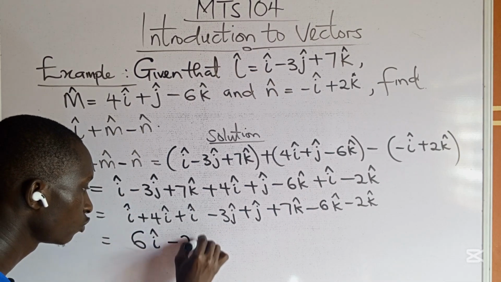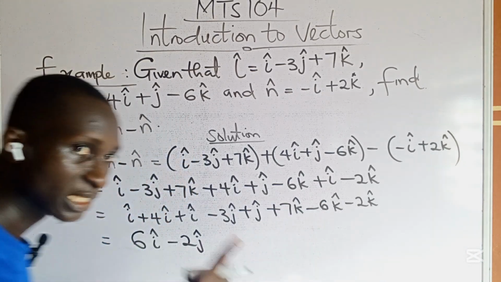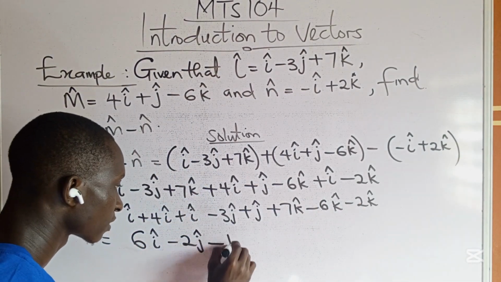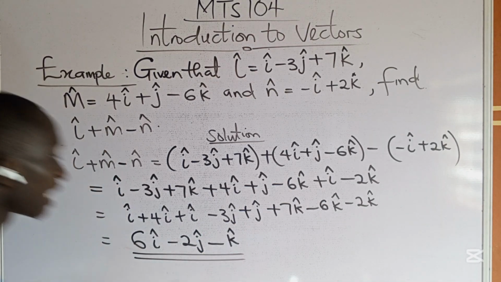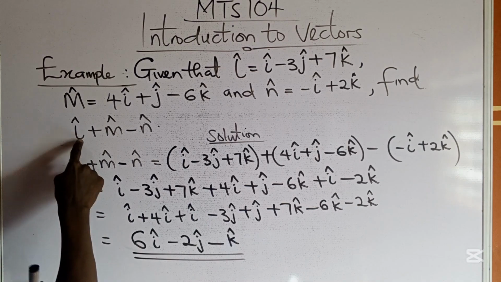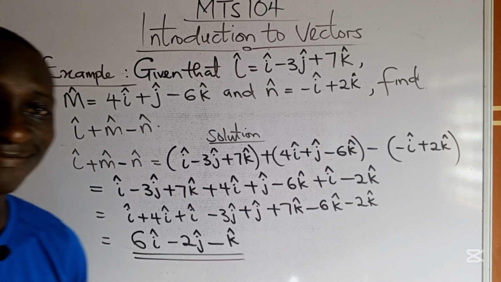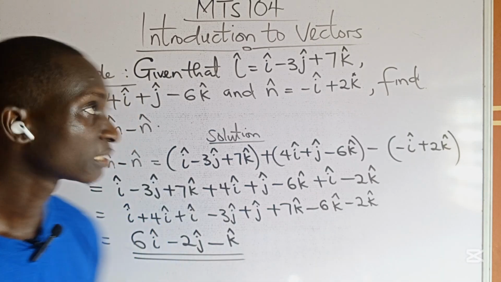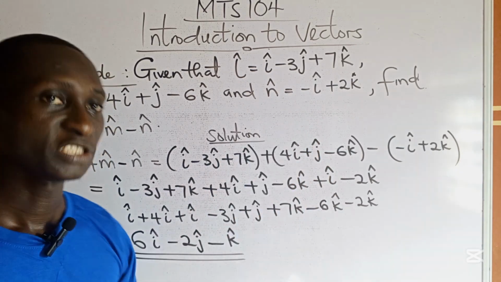That's minus 2j. Now 7 minus 6 is 1. Minus 2, that becomes minus k. That's minus 1. So this is our final answer when we add L and M and subtract N. So this is the resulting answer. Hope you understand. And that is how we add and subtract vectors with the form i, j, k components.